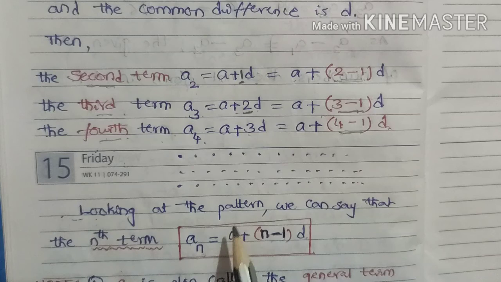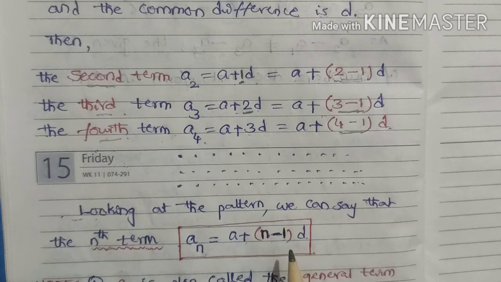Everything is the same. Here A will be the same, the plus symbol is the same, and this bracket term is multiplied with D. So you can tell the nth term general formula: An is equal to A plus n minus 1 into D. You have to keep this in your mind to solve exercise number 5.2.